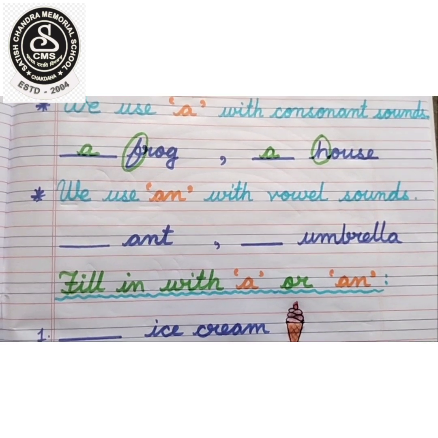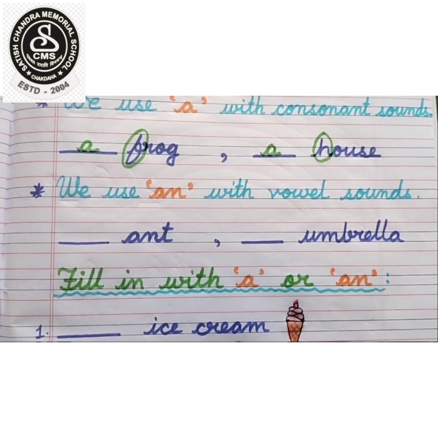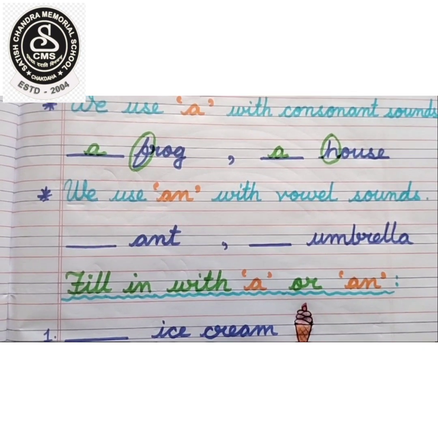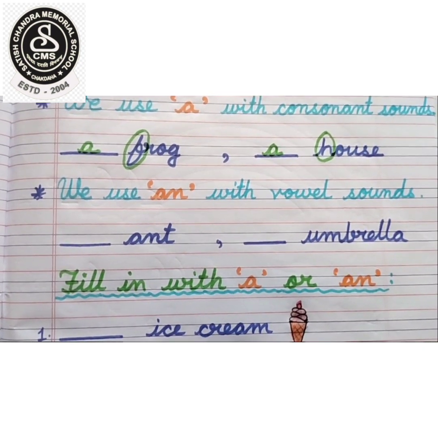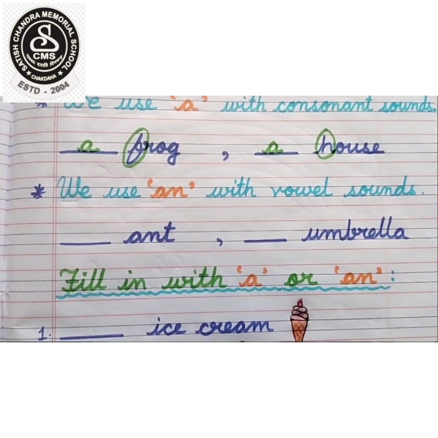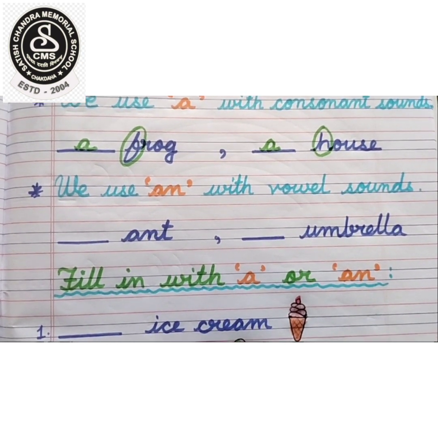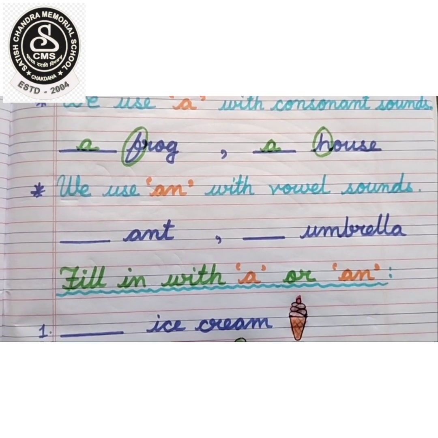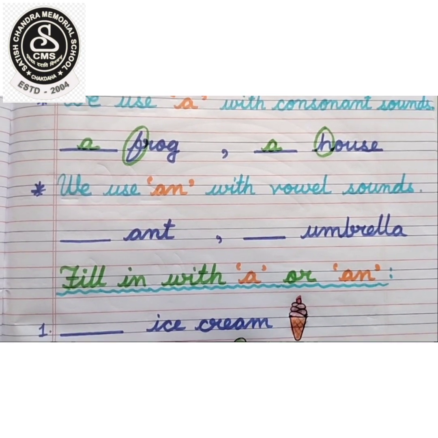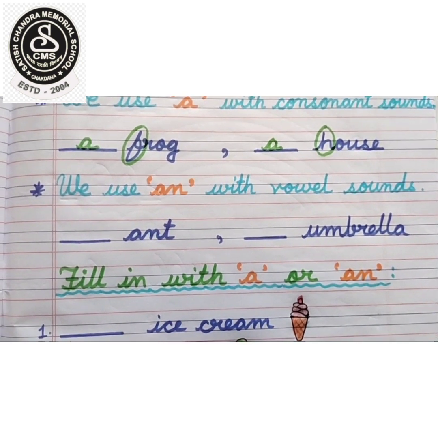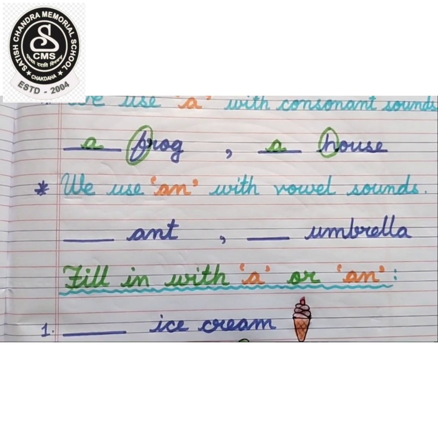So children, we use an before vowel sounds, means the word that starts with a vowel or the word that begins with a vowel sound. We will write an before that word.